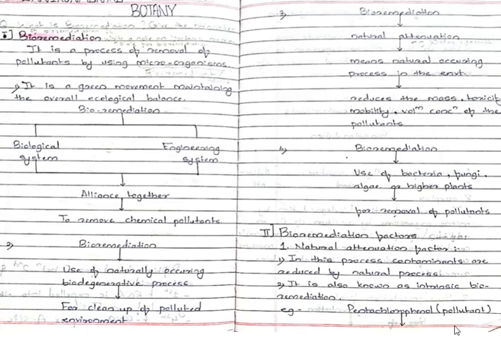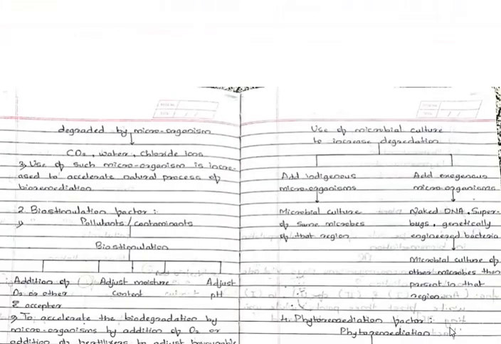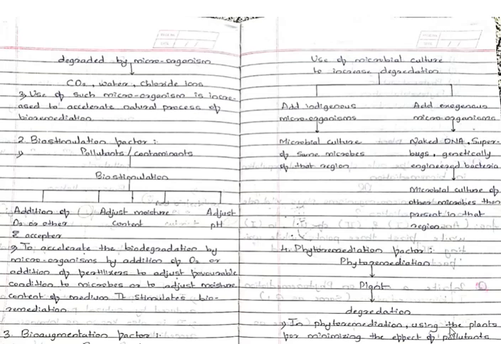For example, pentachlorophenol, a pollutant, is degraded by microorganisms and forms carbon dioxide, water and chloride ions. Such microorganisms are increased to accelerate the natural processes of bioremediation.